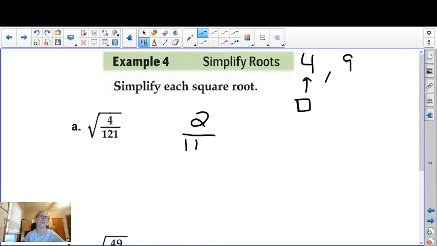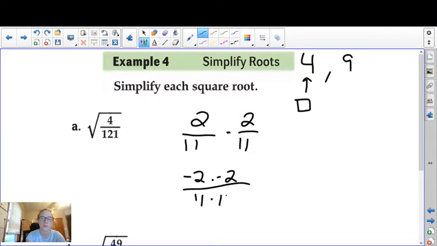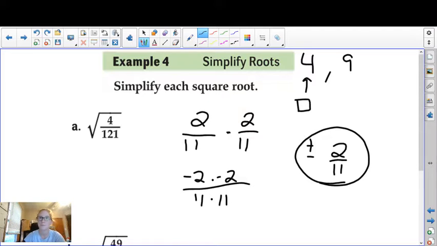Now, that's not my final answer, because I know I could have positive variations of 2 times 11. And I can also have -2 times -2 over 11 times 11. So because of this, my answer here is plus or minus 2 over 11, because I can have it positive or I can have it negative.